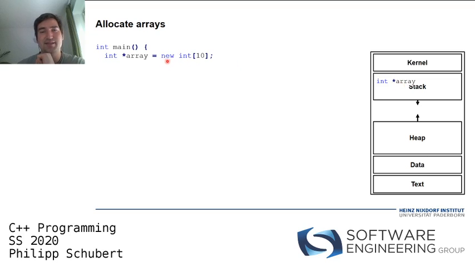And here, by the new int 10, by the allocation of 10 new integers, you now have 10 integers on the heap, one after the other. So 1, 2, 3, 4, 10 integers. And then you store the address of that chunk of memory consisting of 10 integers in that array variable. So basically how it looks in memory is you have an integer pointer variable on the stack, and it points to the chunk of memory that you just allocated, which resides on the heap.